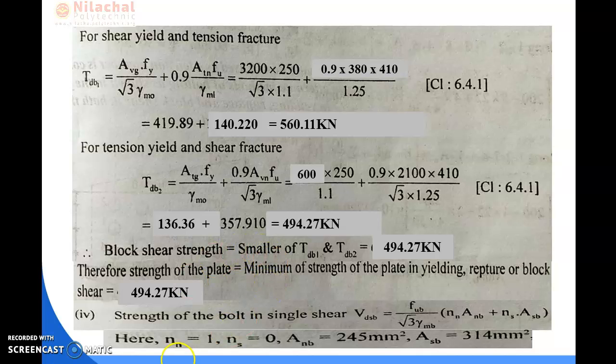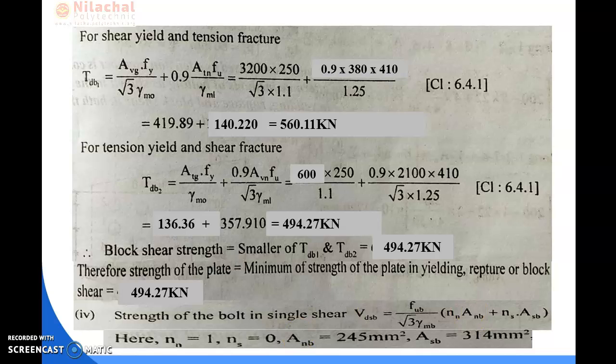So we know the value of the design shearing strength of the bolt is VDSB equal to FUB divided by root 3 gamma MB multiplied by (NN ANB plus NS ASB). Because it is a plate section which is connected to the gusset plate, it is a kind of lap joint.